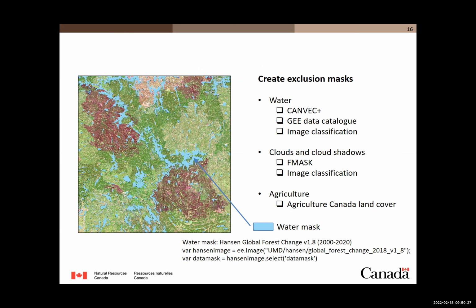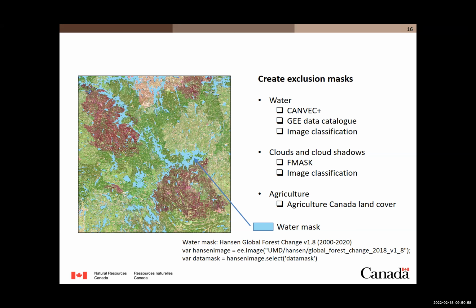So some of the common exclusion masks are for water, and this can be done using an existing water layer or a mask feature, such as from CanVec. But you can also classify the image into a water class. In this example, I'm using a water layer that was available in Google Earth Engine. It was from the Hansen Global Forest Change product, so I just created the water mask out of that.